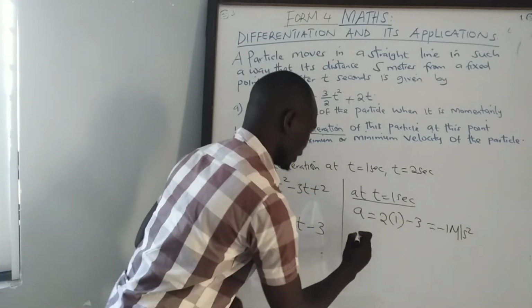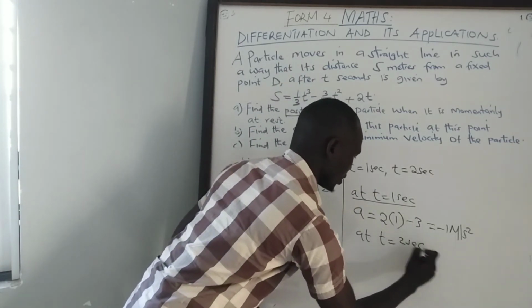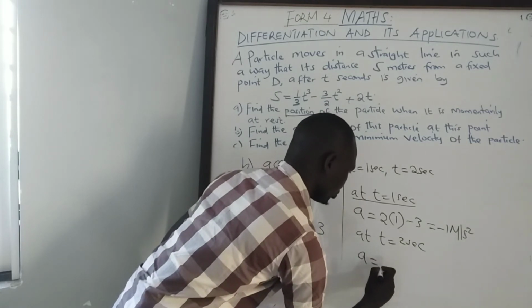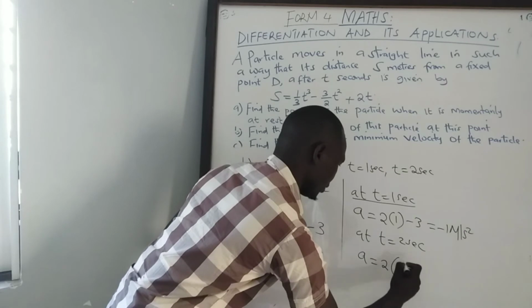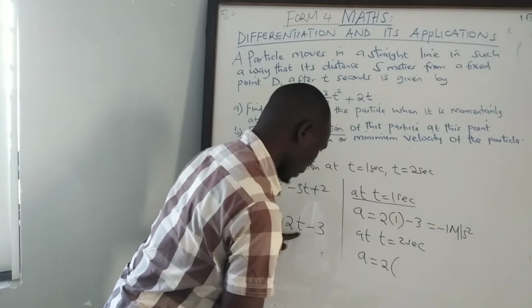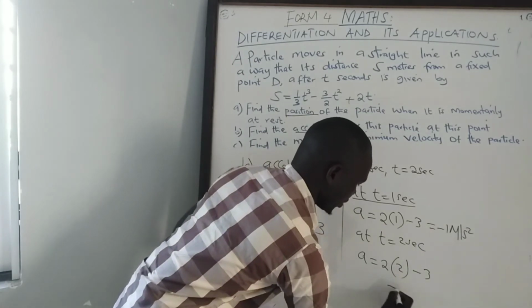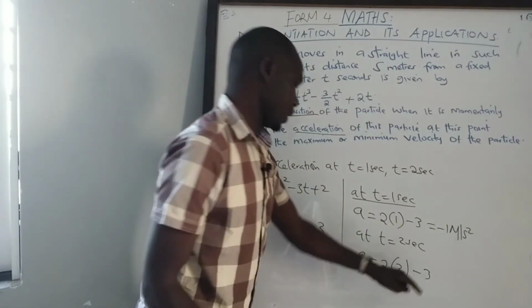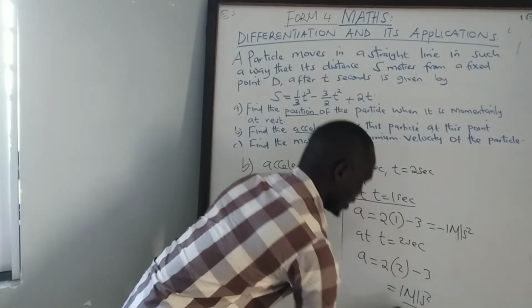And then at t equals 2 seconds, we take this acceleration function, which is 2t, meaning 2 times 2, minus 3, and this gives us 4 minus 3, which is 1 meter per second squared respectively.